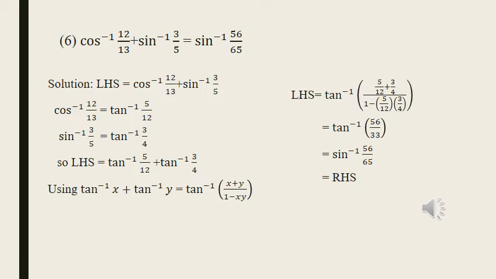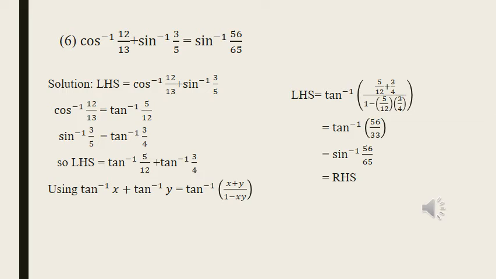And that is less than 1. So we use the property tan inverse x plus tan inverse y is equal to tan inverse of x plus y by 1 minus xy. On simplification, we get tan inverse 56 by 33.